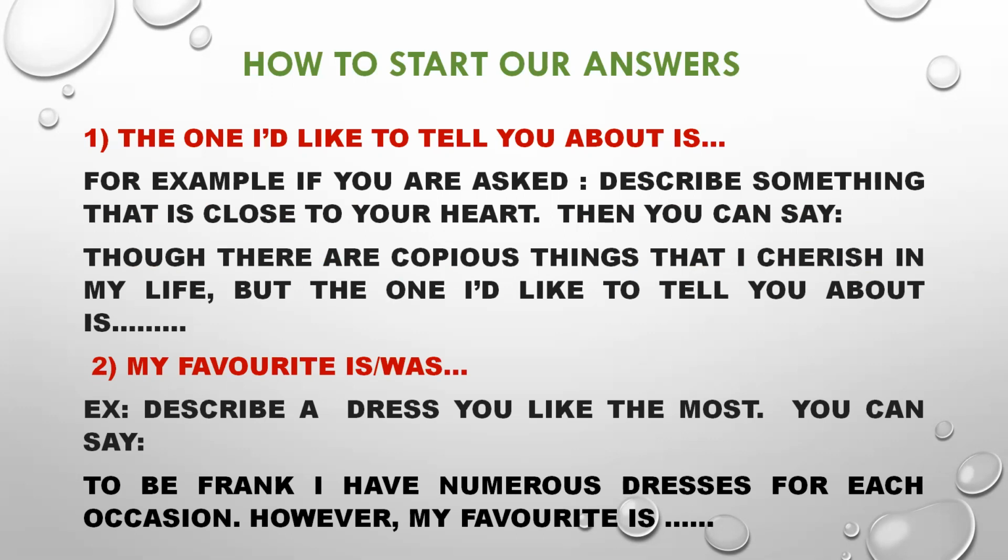Or you can say, though there are copious things that I cherish in my life, the one I would like to tell you about is my father, my mother, or a museum named Mahatma Gandhi. So you can start your cue card with this phrase.